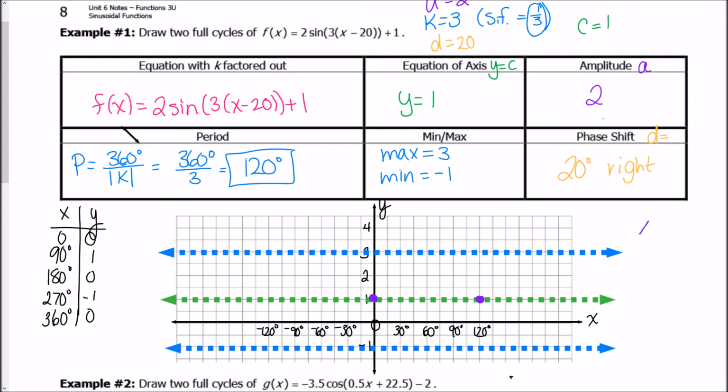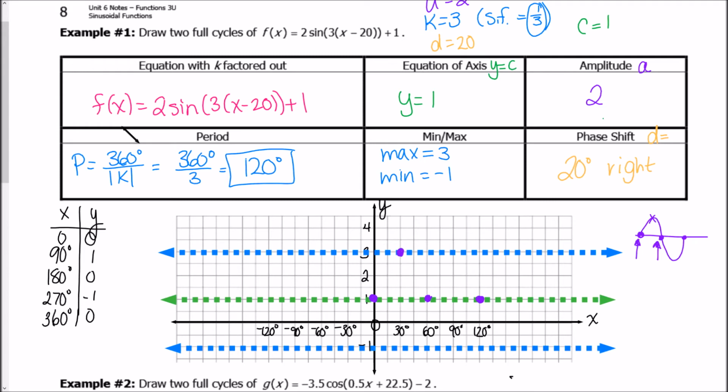But we also know that a sine curve always completes a full cycle, but halfway through, it reaches the axis again. So half of 120 will be 60. And then halfway between the initial point and the midpoint, we'll reach our maximum. So halfway between 0 and 60 is 30, or a quarter of the way between 0 and 120 will be 30 right here.